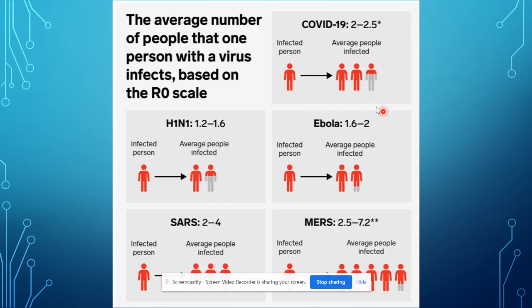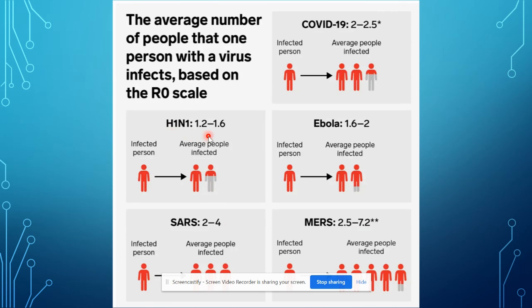If you had Ebola, which is another terribly infectious disease, you'll infect between 1.6 and 2 people. If you have MERS, that was another virus that came out a couple years ago, you'll infect between 2.5 and 7.2 people. If it's SARS, another virus, you'd infect between 2 and 4 people.